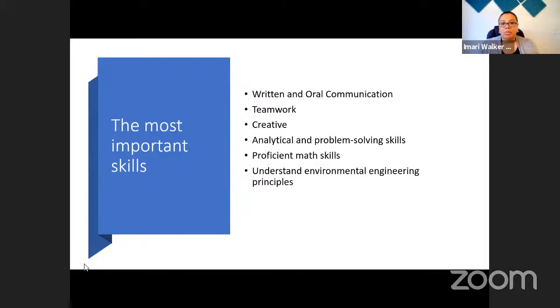How are we going to solve those big issues? Not only do we need to work on cleaning our air and our water, but we're also fighting this climate crisis and rising water levels. And how do we combat that as environmental engineers? So that requires quite a bit of creativity.